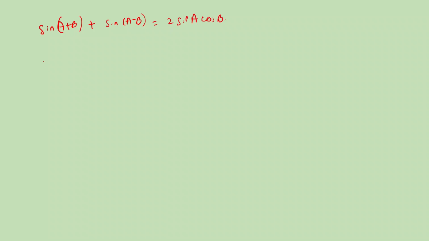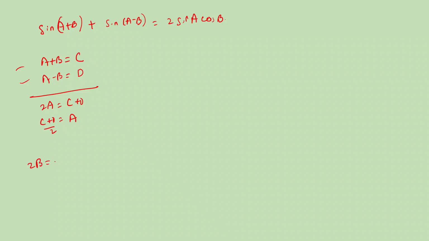So what if, in place of A plus B, I write down C, and in place of A minus B, I write down D. Quickly we can solve these to find out the values of C and D. If you add these two equations, you'll have 2A equal to C plus D, so C plus D by 2 is actually A, and if you subtract these two equations, then A and A cancel out. You'll have 2B equal to C minus D, and C minus D by 2 is equal to B.